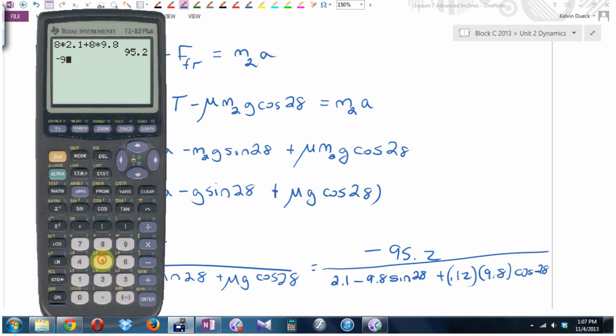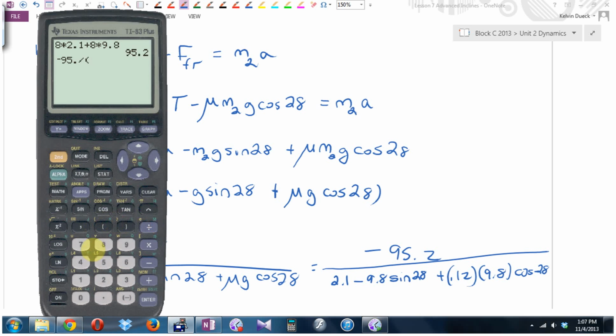Negative 95.2 divided by bracket 2.1 minus 9.8 times the sine of 28 plus 0.12 times 9.8 times the cos of 28. Close off the bottom. Oh, my 95.2 didn't show up, did it? Insert a 2 right there.